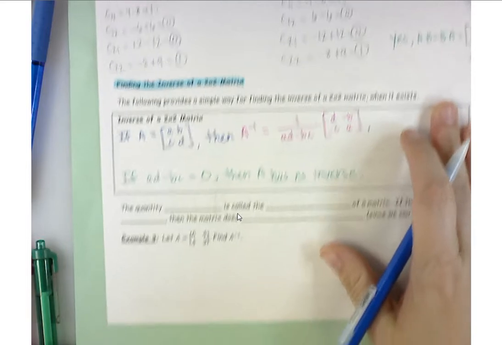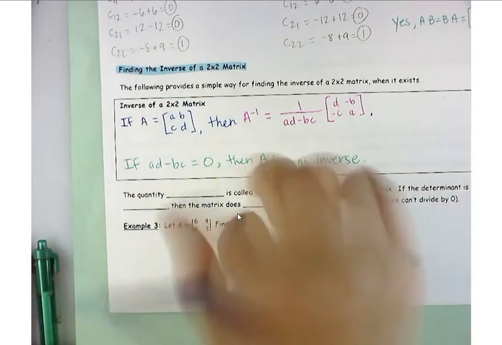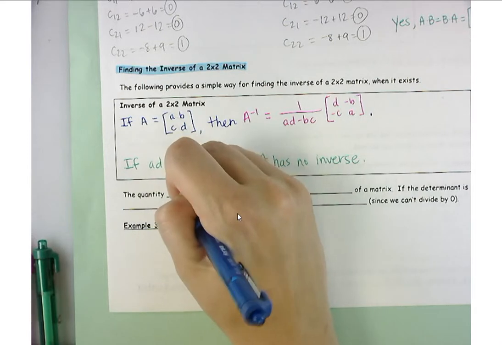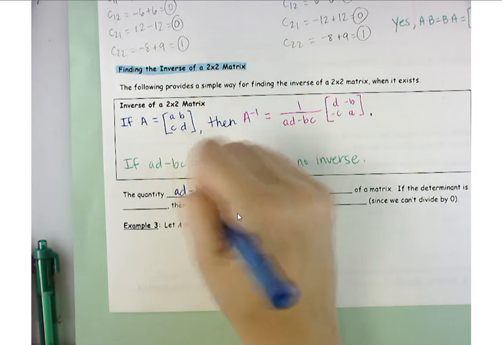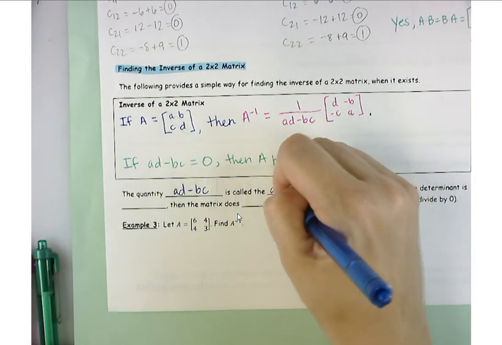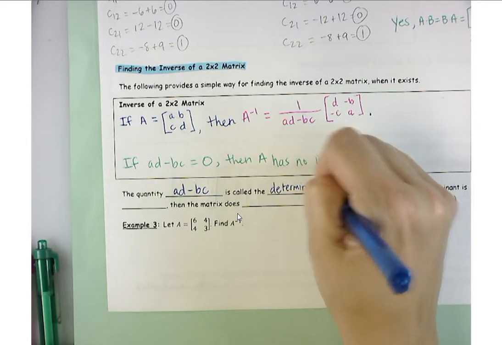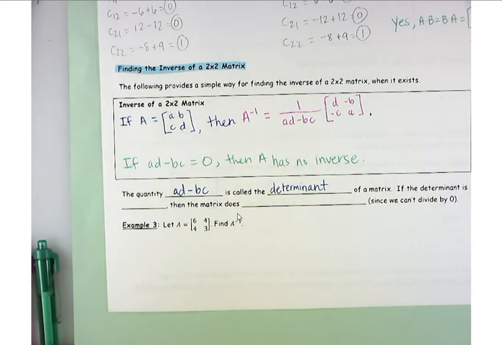Okay? Now, this quantity of AD minus BC has a special name. It is called the determinant of the matrix. If you end up taking linear algebra in college, you'll learn more about the determinant of a matrix and the different things that it can tell you.